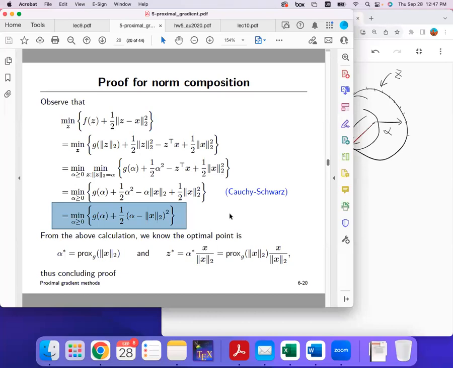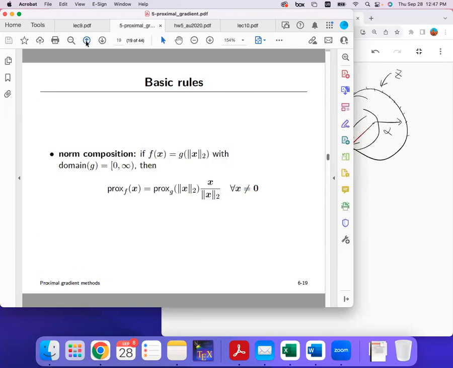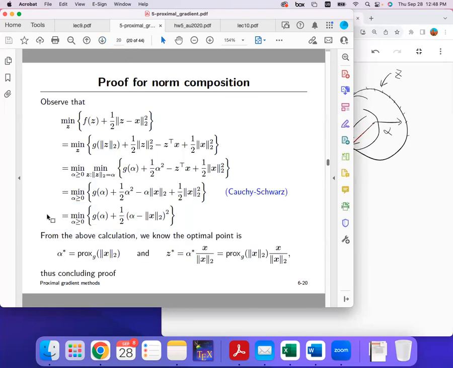And this minimization problem looks very close to the definition of proximal mapping. So let me check the original formulation. Yes, L2 norm.